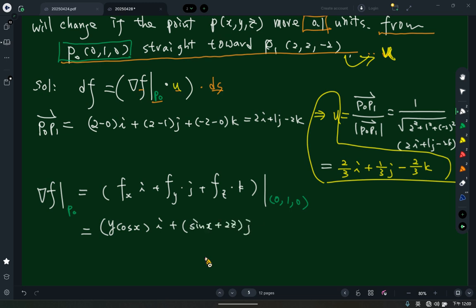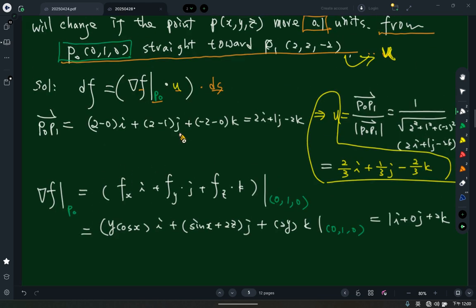Follow the same rule, plus 2y k. When x, y, z is (0, 1, 0), the answer is 1i plus 0j plus 2k. So right now we already have the gradient vector. We also have the unit vector here, so that we can continue.